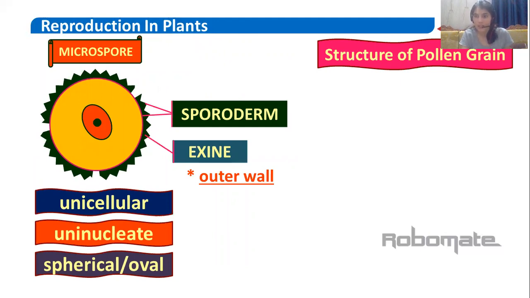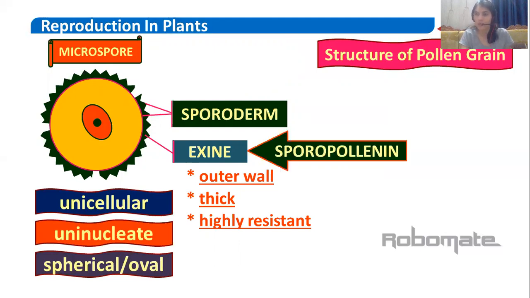The first component is the exine. The exine is the outer wall of the microspore, and it is thick and highly resistant. Now why is it resistant? What makes this exine very resistant?